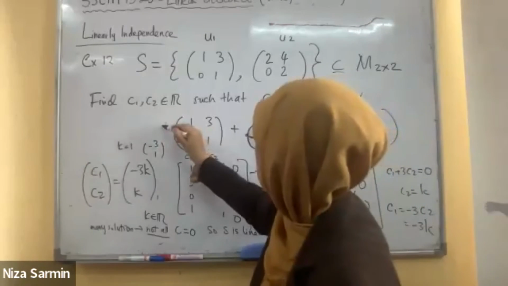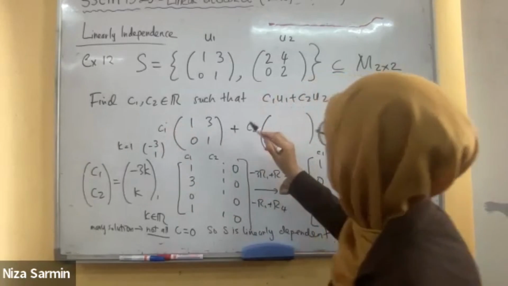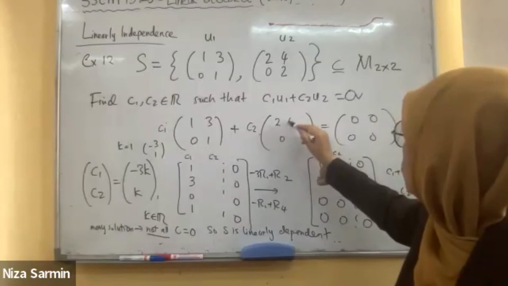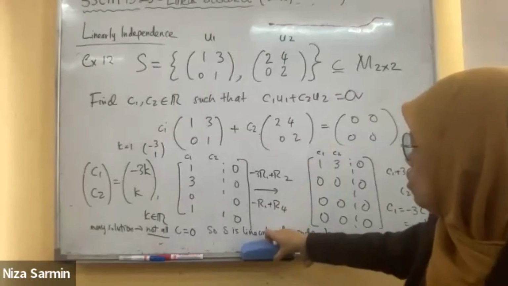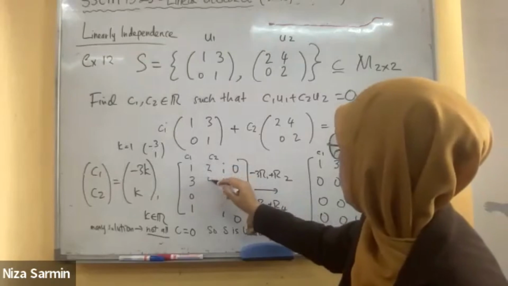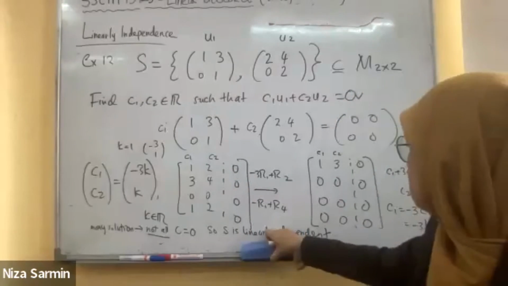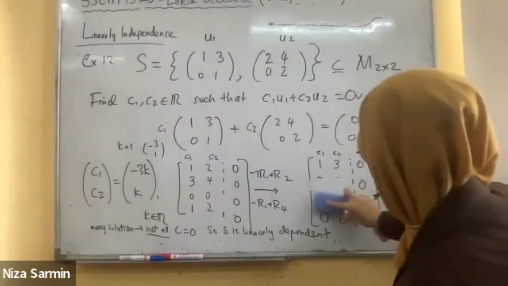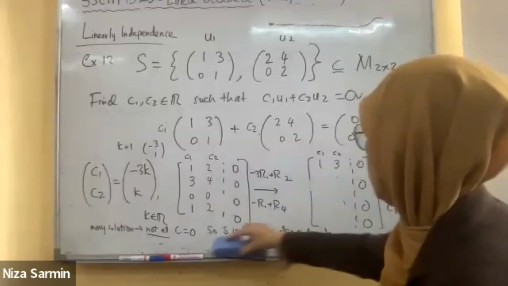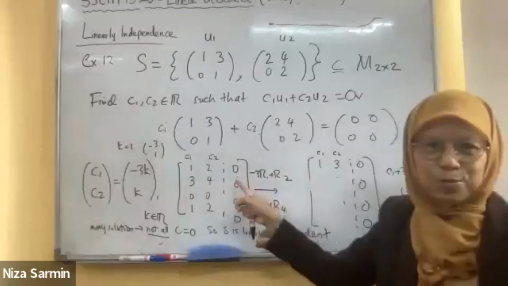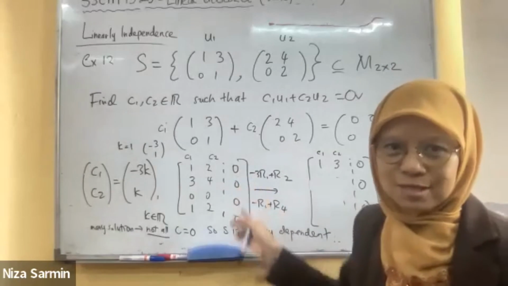Okay, if you want to redo this C1 and C2, 1301 and 2402, you will get, okay, let's see. This is always 0 because it's homogeneous, so it's easy.